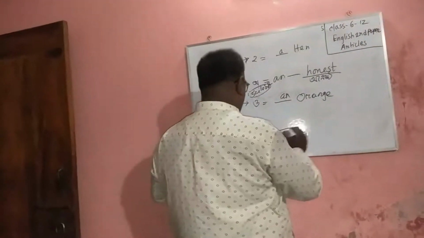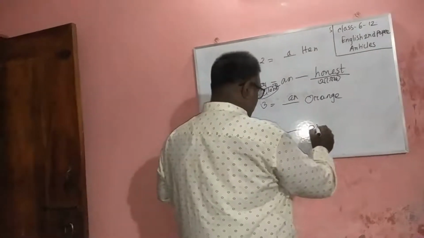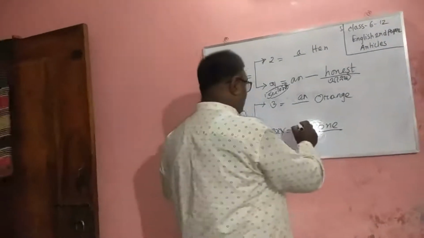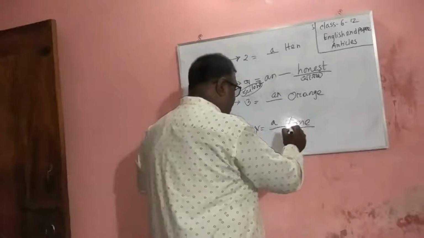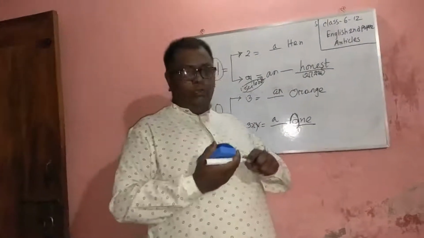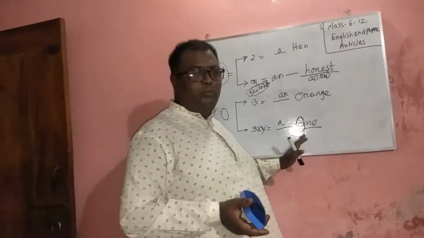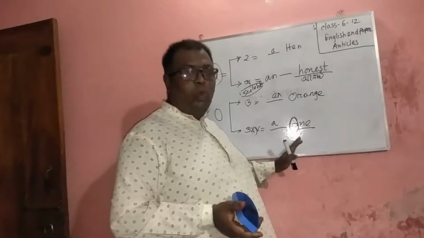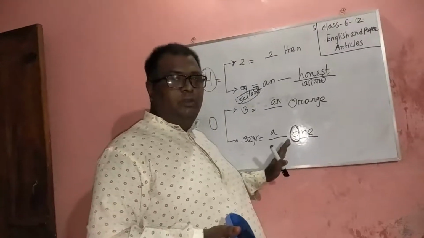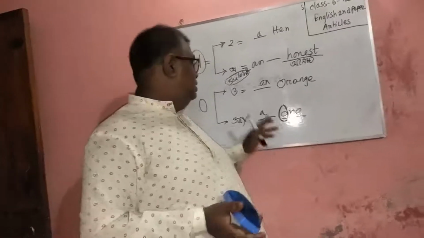But if the letter O is pronounced like one, here you use a. Here you see O is a vowel, there is no doubt, but the pronunciation of O is like wa, and for this we use a, though we would expect to use an.